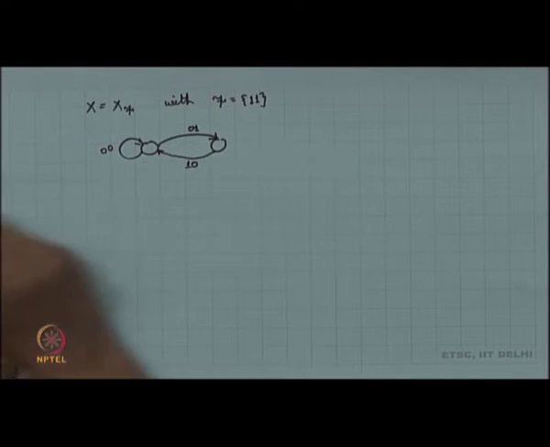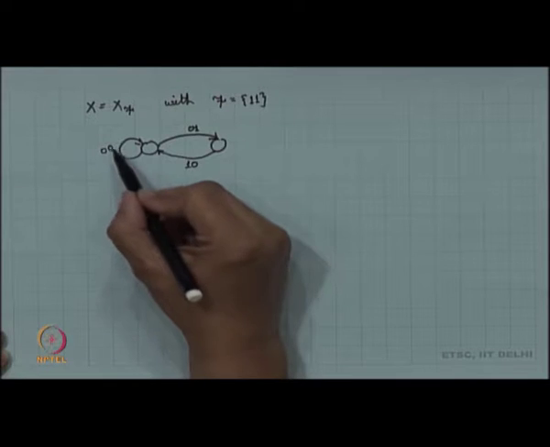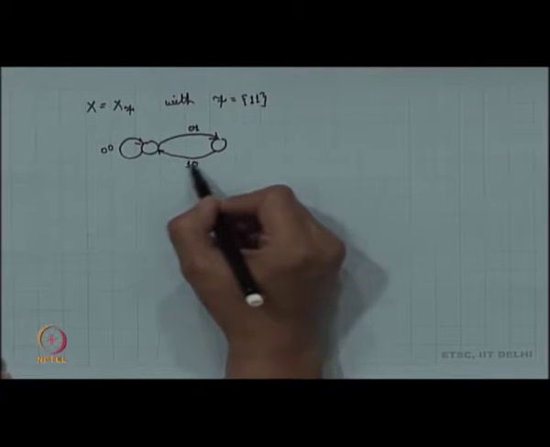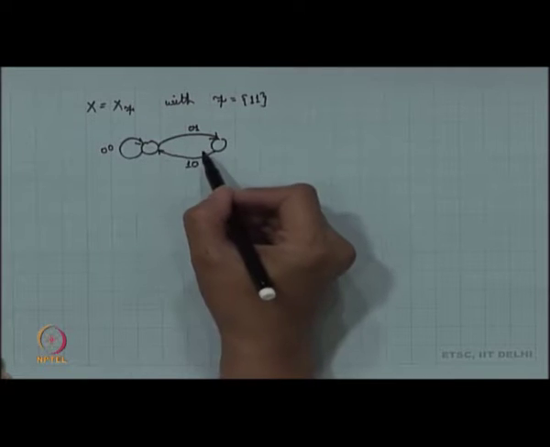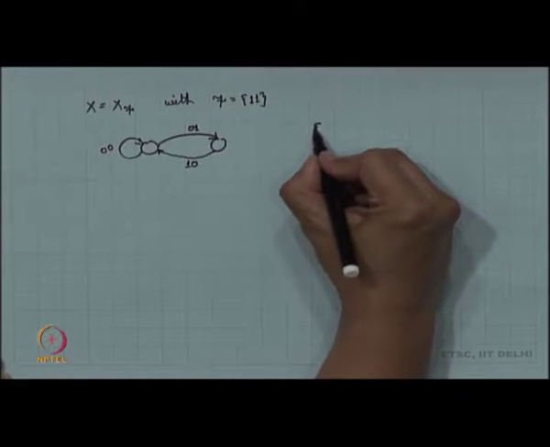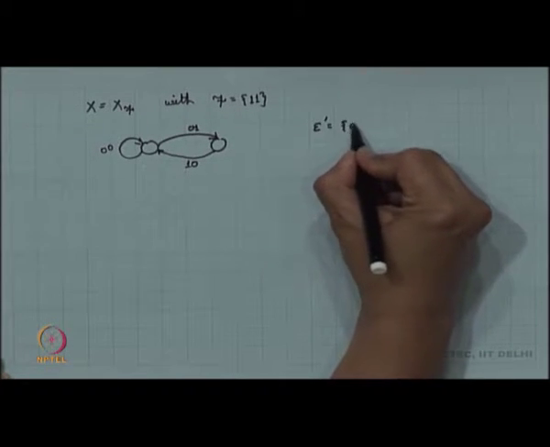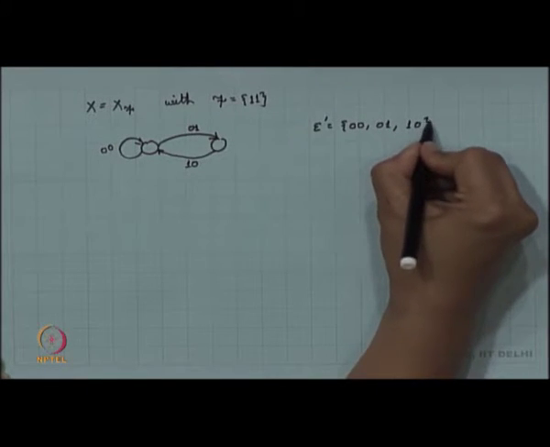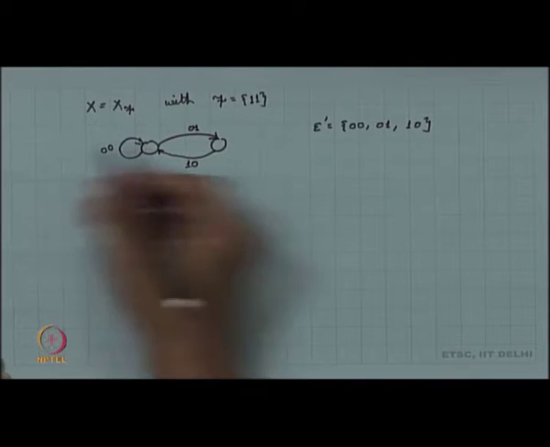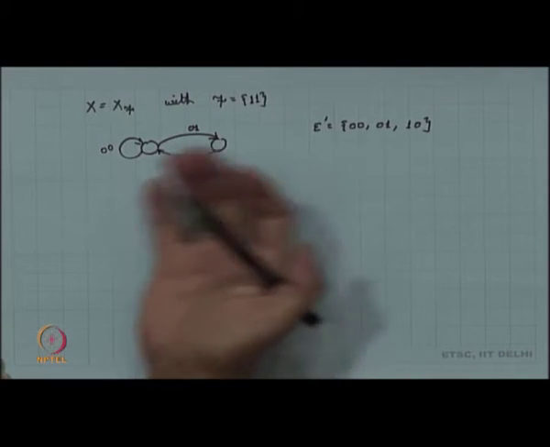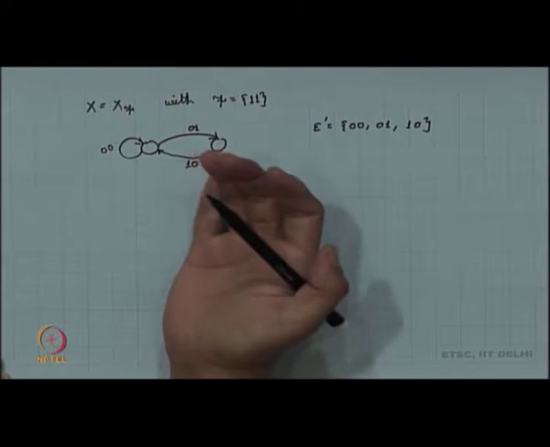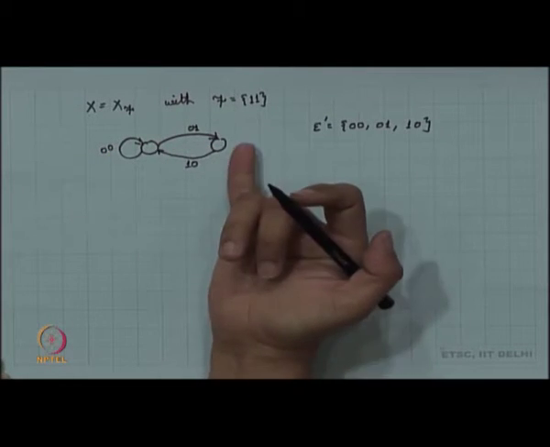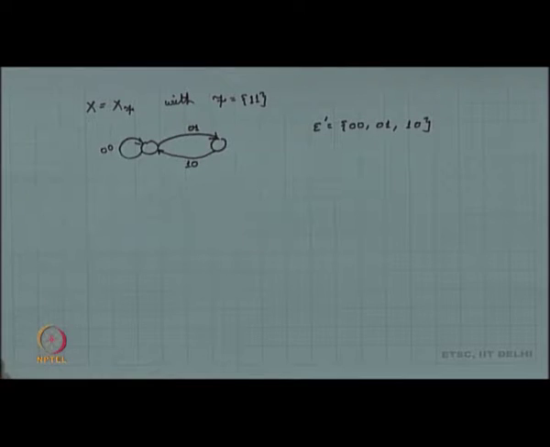So, we have a 10 here. Now, this is an admissible graph, and one can see that this edge shift, with my edges being now 00, 01 and 10, gives me an edge shift, and that edge shift is basically the golden mean subshift of finite type.